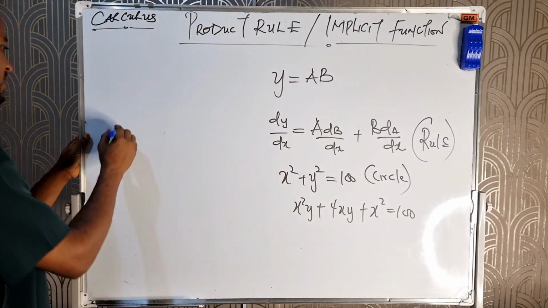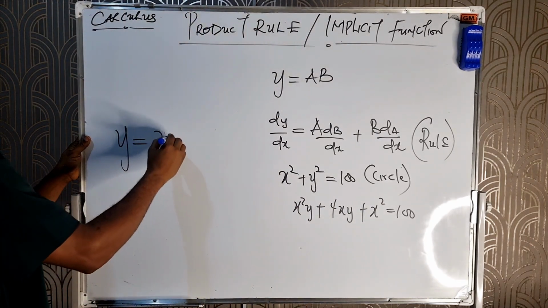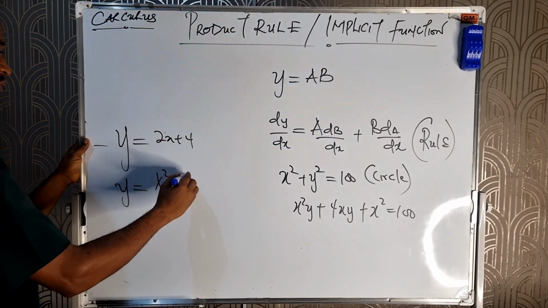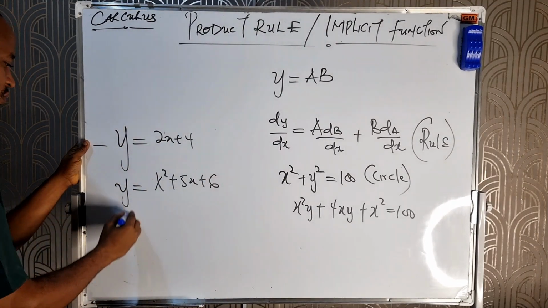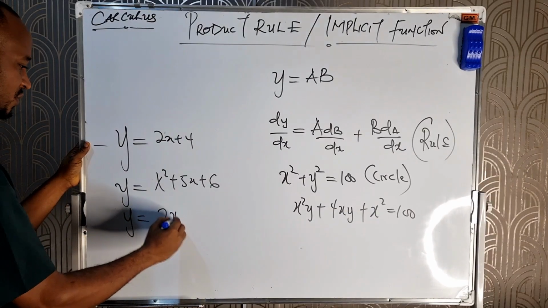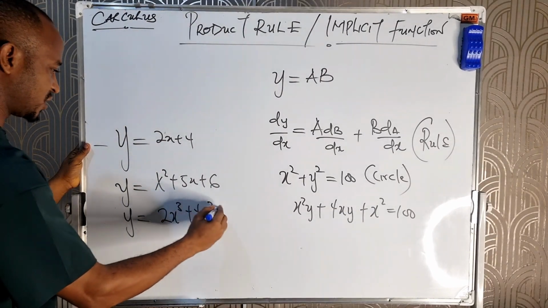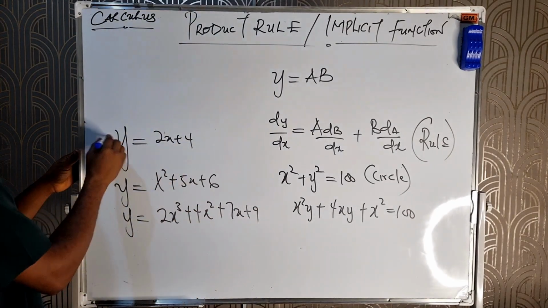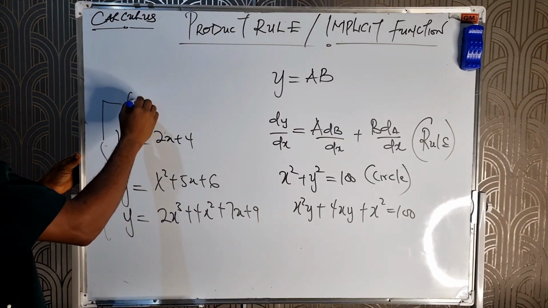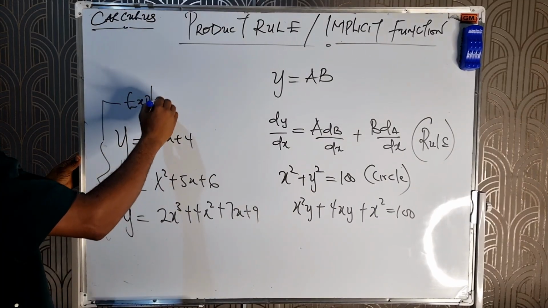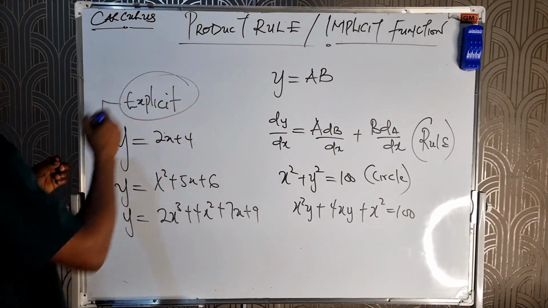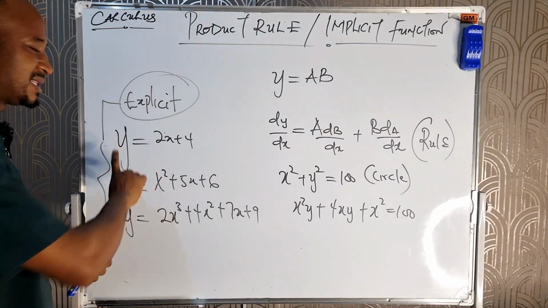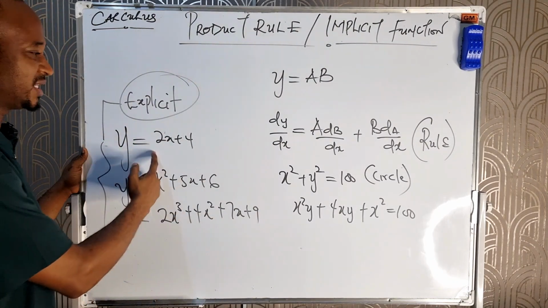If I have a function like y equals, let's say, 2x plus 4, or y equals x squared plus 5x plus 6, or y equals 2x cubed plus 4x squared plus 7x plus 9, these three functions are called explicit functions. In an explicit function, we have y acting as the dependent variable. y is acting as the subject of the function with respect to x.